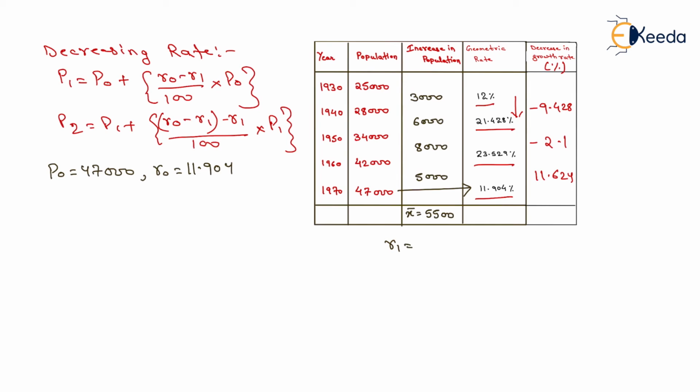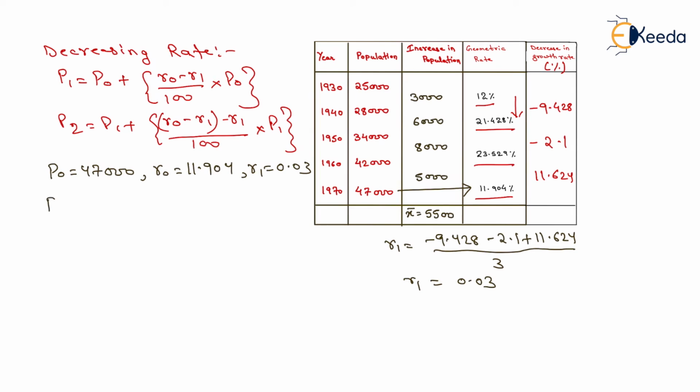For R1, we need to sum all these values, the algebraic sum: minus 9.428 minus 2.1 plus 11.624, and divide this by 3 because this decreasing growth rate comes over 3 decades. So what will be the value of R1? It comes out as 0.03.